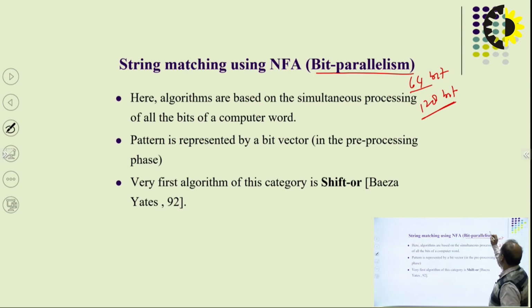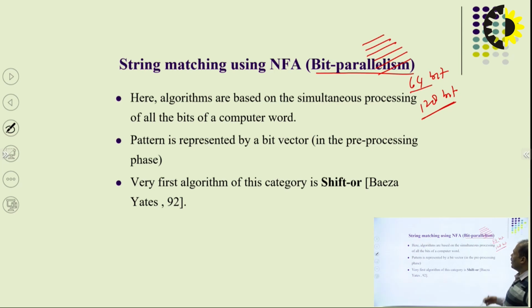This is using bit parallelism. Actually you are not converting NFA into DFA. This was popular starting from 92. Initially it was not gaining attention, but now it is gaining attention by researchers actually.